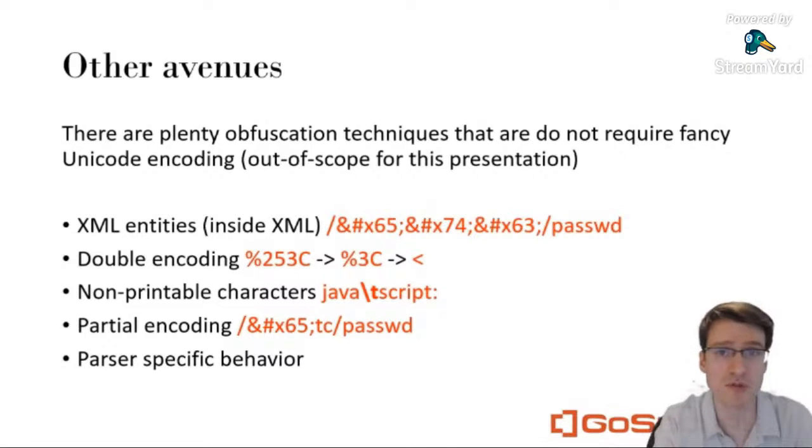You can also do double encoding. This is assuming the application does an additional decoding that is not needed. The parameters are often pre-decoded by a framework, but if the application is doing an additional decoding, then you can abuse this, because the WAF will not have a blacklist pattern for double or triple encoding.